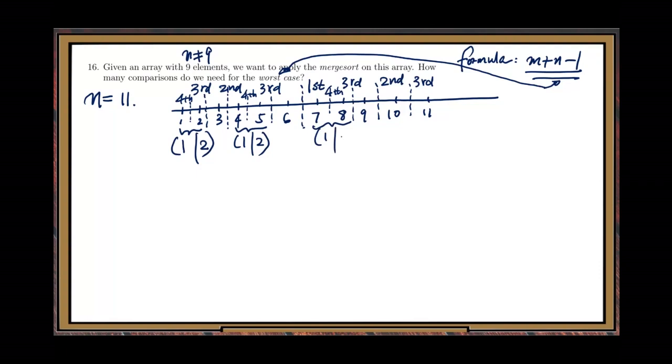We work on the fourth splitting. Subtotal: 1 plus 1 plus 1 equals 3 comparisons.